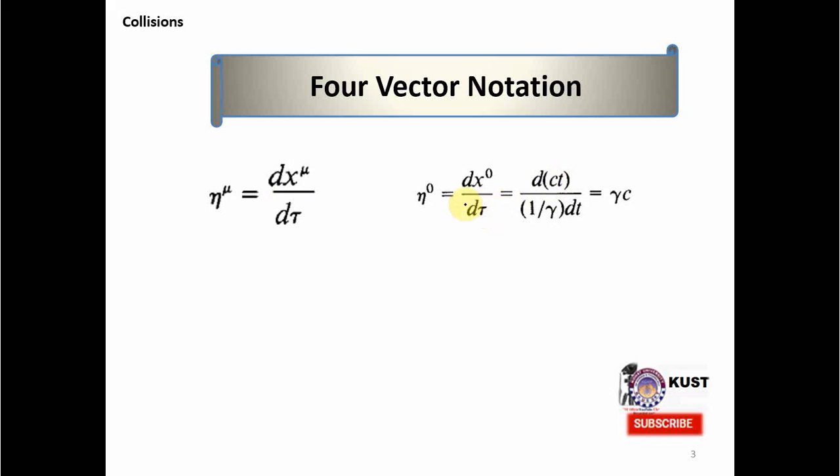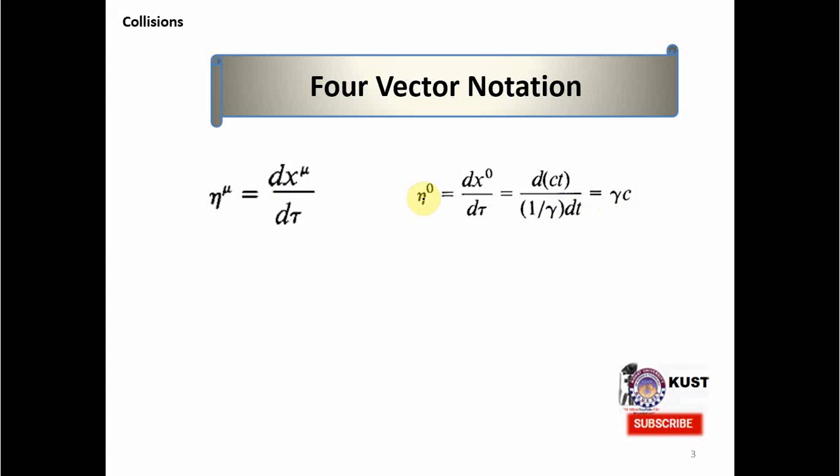And we also change d tau to dt, and as on the previous slide we have learned that d tau is equal to 1 over gamma dt. So if we put these values over here and do the calculations, you find that this is equal to gamma c.